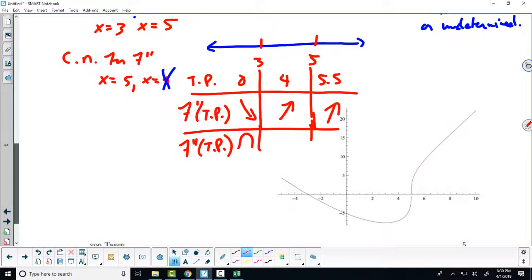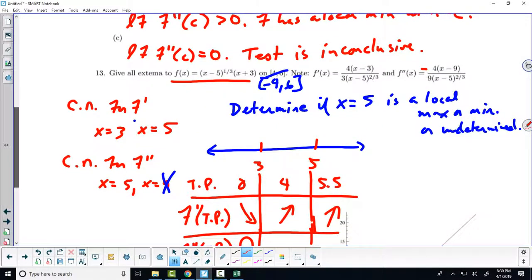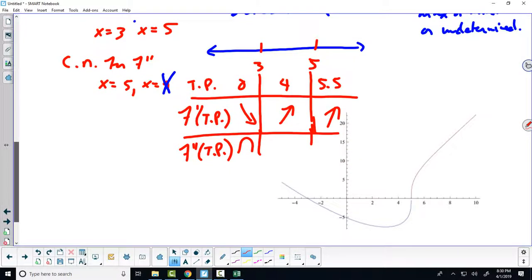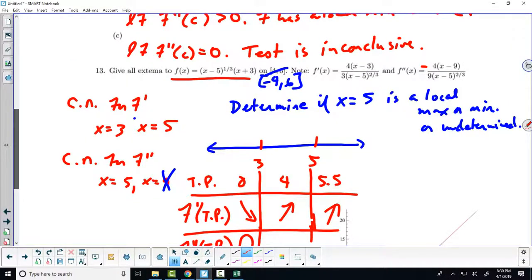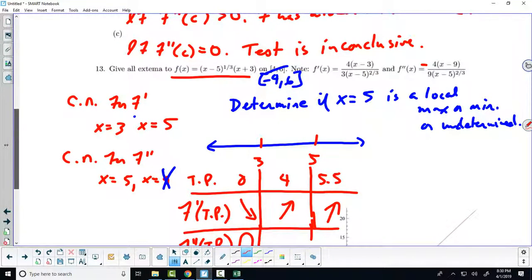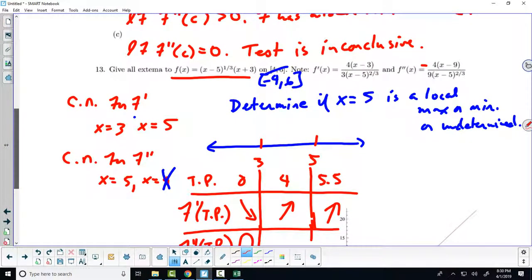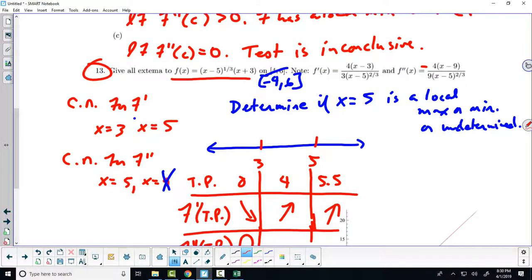folks, I was tinkering with this before class. I should have left it alone. Let's return to this example next time. I think I miscopied the second derivative.